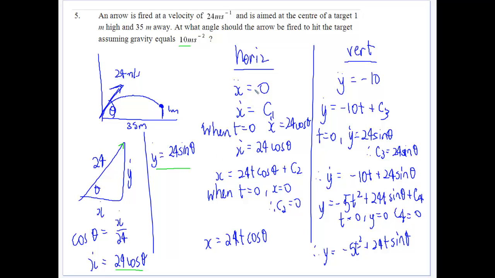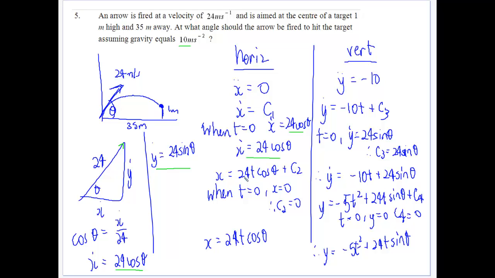When we put it into our statements, the horizontal acceleration is 0. Integrating gives a constant, and when t is equal to 0 the horizontal velocity is 24 cos theta. So it's moving at that constant 24 cos theta.